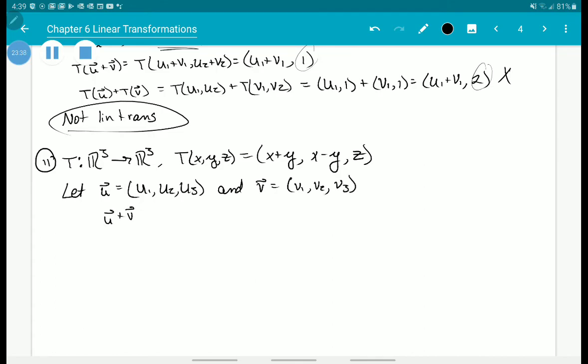So u plus v is u1 plus v1, u2 plus v2, u3 plus v3. So the first thing we have to show is T of u plus v is equal to T of u plus T of v.